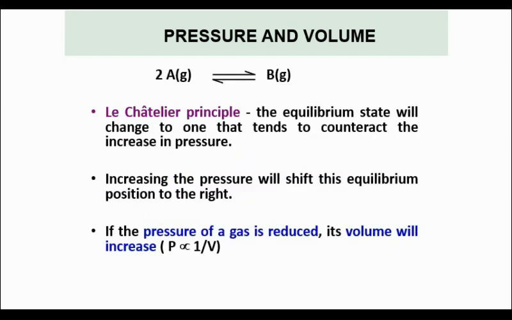By referring to Le Chatelier's principle, the equilibrium position will counteract the increase in pressure. So from the equation above, an increase in pressure will shift the equilibrium position to the side with fewer gas molecules.